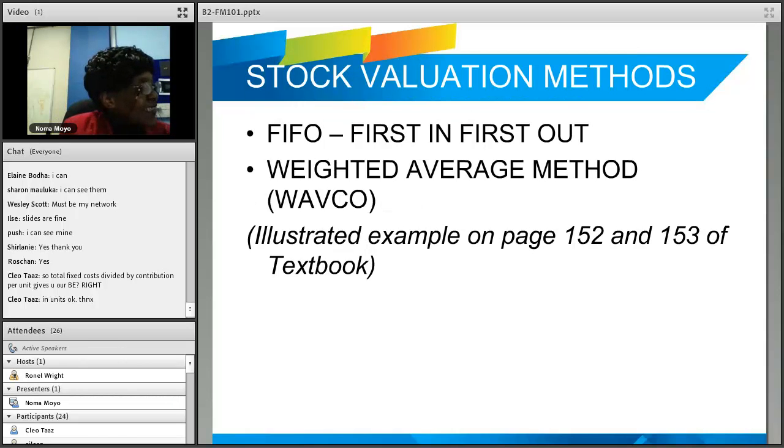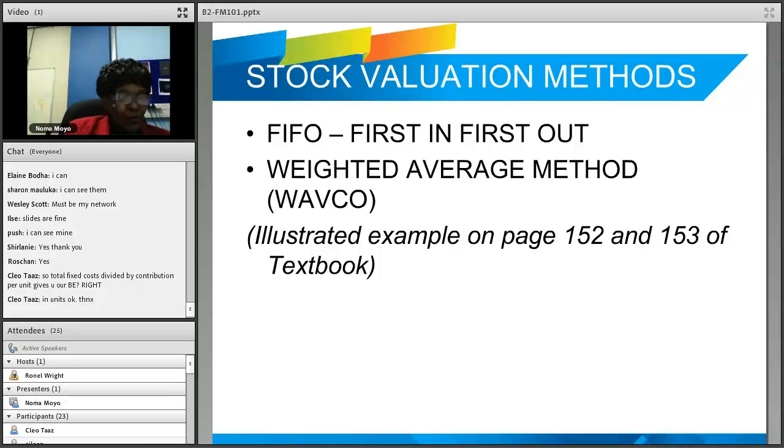Your FIFO, the illustrated example: when first in, first out, we always issue out to production what came in first. For instance, on the first, stock on hand was 100 units at 10 rands per unit.